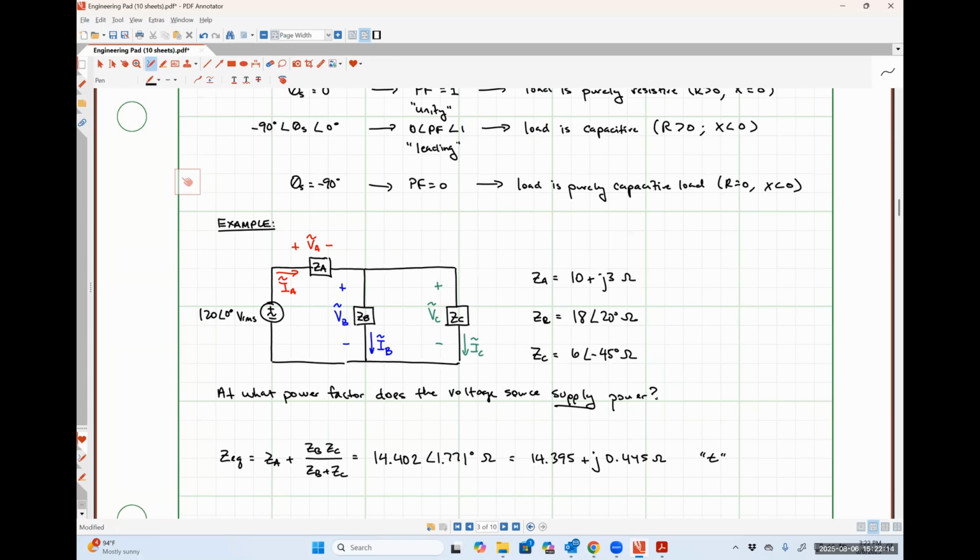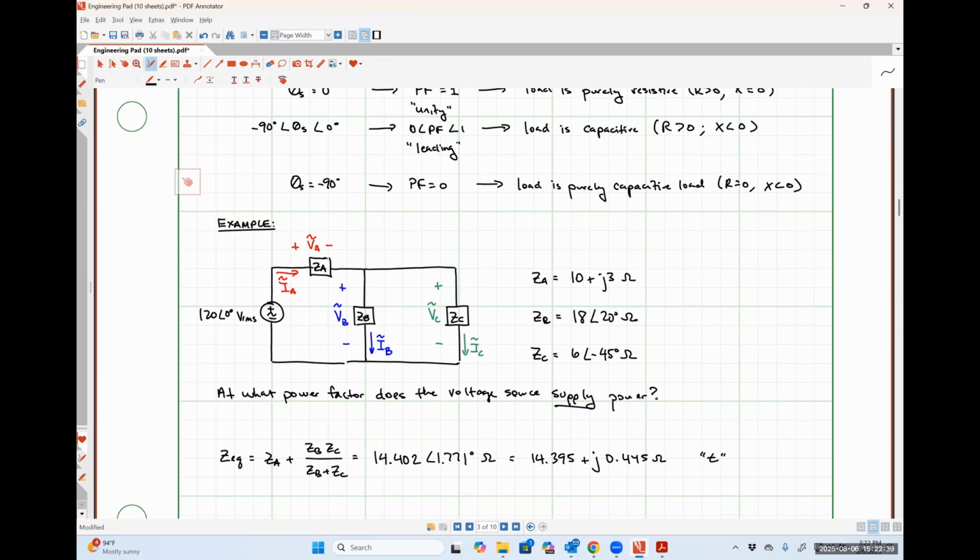So for this particular calculation, I'm going to do what we did earlier. I'm going to calculate the complex power, and then I'm going to use the complex power in order to determine power factor. So I saved this information down here about finding ZEQ, like Molly suggested earlier, because realistically, the only thing that we need is the voltage drop across the voltage source, which is given to us, and then the current flowing through the voltage source, which we can calculate from ZEQ.